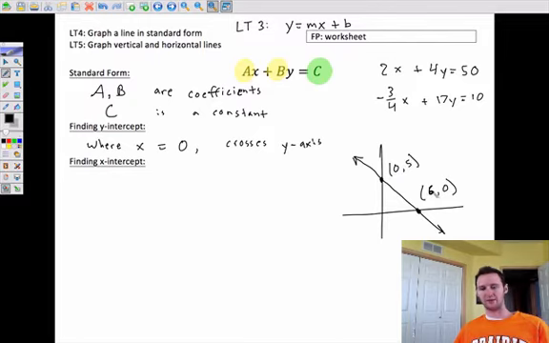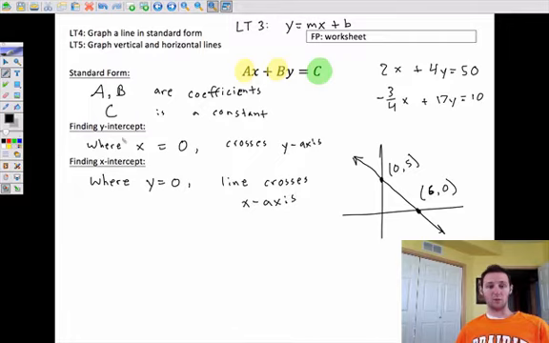Now we have an x value, but a y value of 0. So finding the x-intercept is where y equals 0, and it is where the line crosses the x-axis.